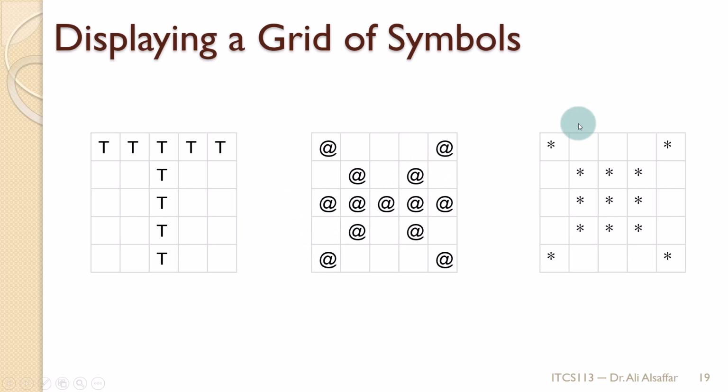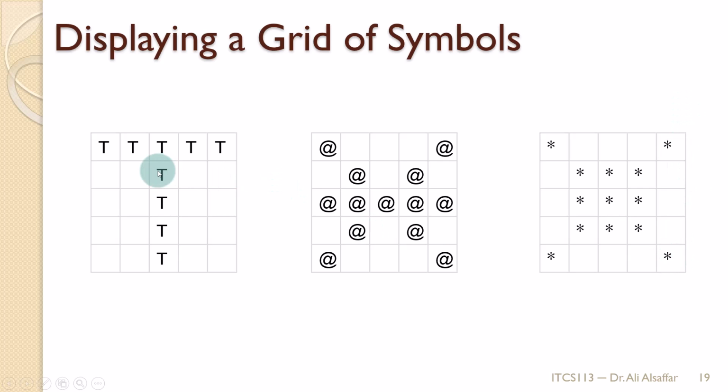Now if I want to go for the last shape, as you can see the asterisks are displayed on the corners. So this corner is at row 1 and column 1, and this corner is at row 1 and column 5, which is the last column. And this corner is at row 5, which is the last row, and this corner is at row 5, which is the last row, and column 5, which is the last column.